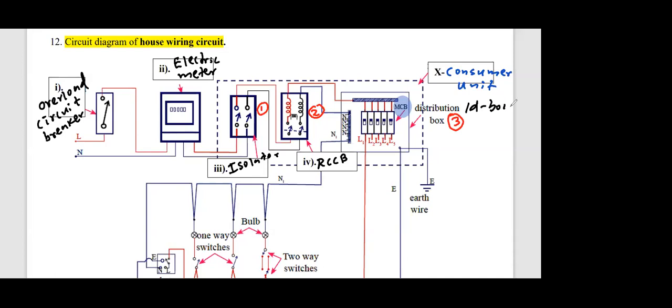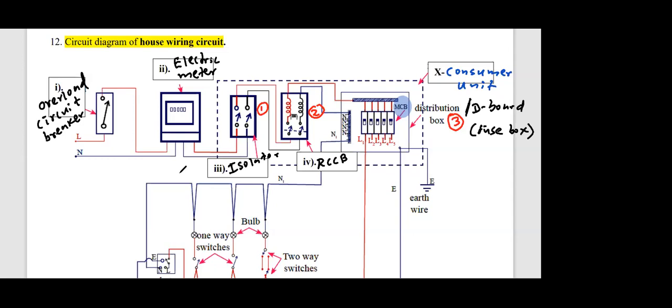Sometimes we call it fuse box, D board or distribution box. All these are the same component. In the D board or distribution box, there are various fuses of different ampere value that distribute electricity to the sockets and the lamps.